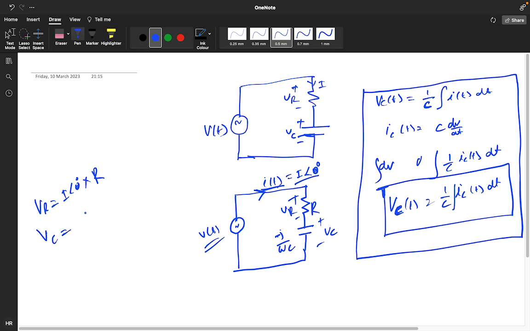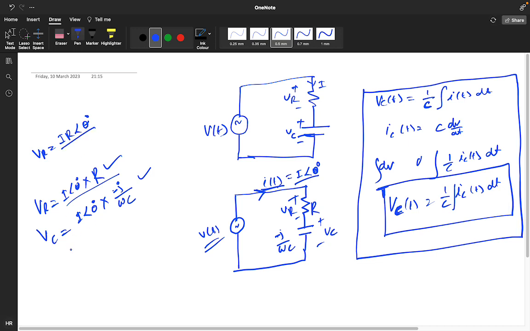Vc will be I at an angle theta into minus j by omega c. Am I correct, Prasanna? We can write like this. This resistor is not having any angle, so VR will be I into R at an angle theta only.